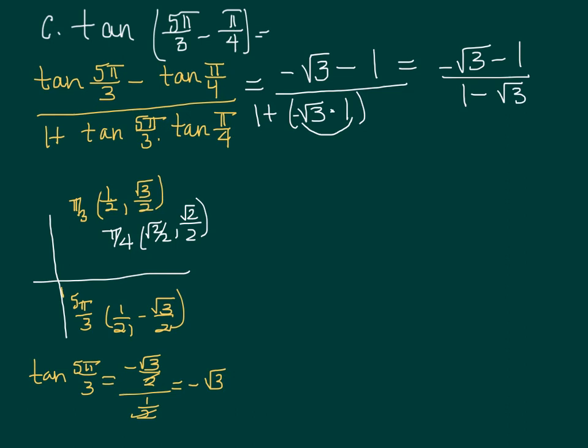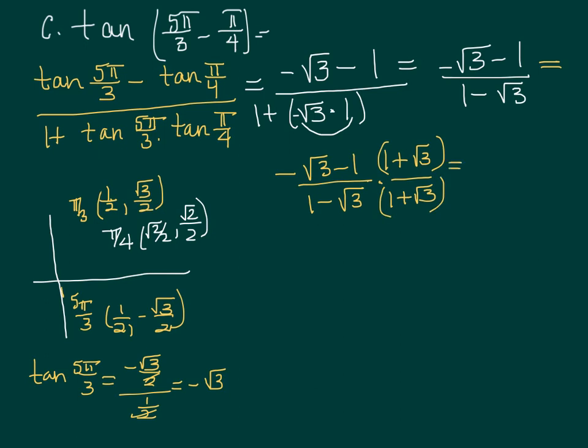Now, you know you can't leave a square root in the denominator, so we're going to have to do what is called rationalizing the denominator. So you have to multiply by its conjugate. In the denominator, you have to FOIL. So I'm going to get 1 plus square root of 3 minus square root of 3 minus 3.